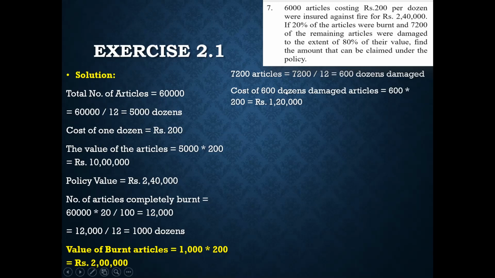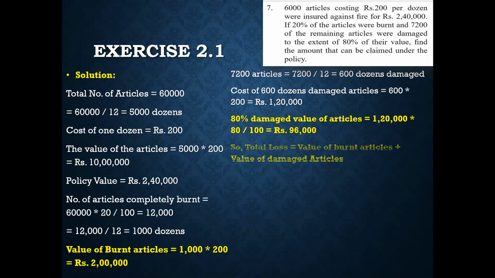Now all the 1,20,000 is not destroyed, only 80%. So now we'll calculate the 80% damaged value of the articles. That is 1,20,000 into 80 by 100, which is 96,000 loss again you have suffered. So can I say the total loss is value of the burnt articles plus value of damaged articles, that is 2 lakh plus 96,000 gives you 2,96,000.